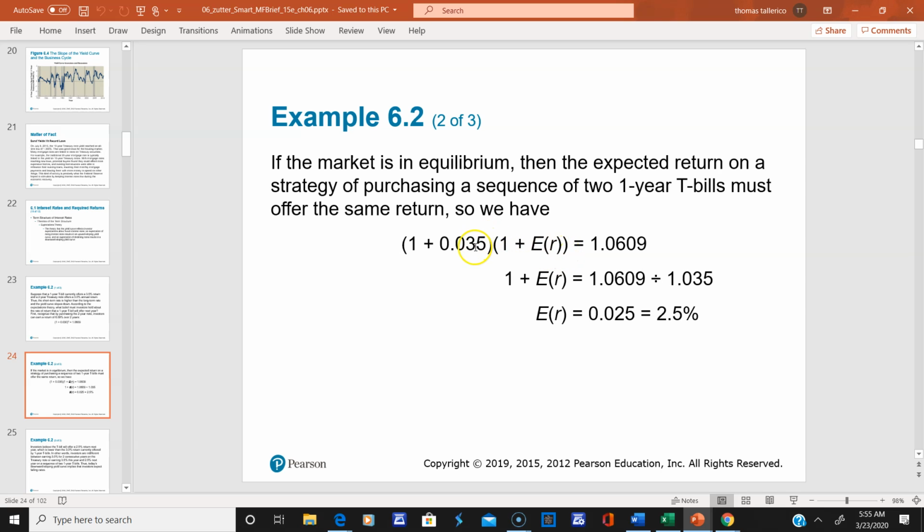So one is going to be 3.5 and the other is going to be 2.5. Again, they have to equal that 2-year return. I hope everybody understands this math. So here are the two 1-year returns, and previously we did a 2-year return.